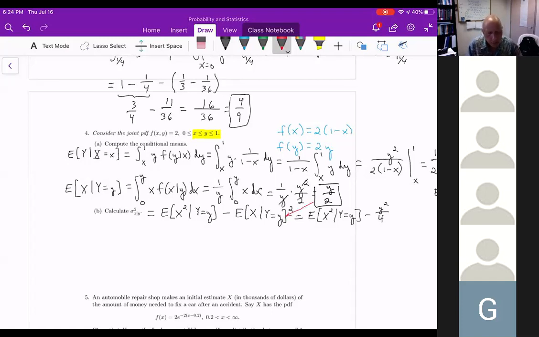Now you need the second moment. I'm going to pause again and give you a chance to find this, because the process is the same as what you just did, except instead of the integral of x times the conditional PDF, now you need the integral of x squared. So get that second moment, plug it in, and get an answer for this conditional variance. Again, I'll give you a couple minutes to figure that part out.